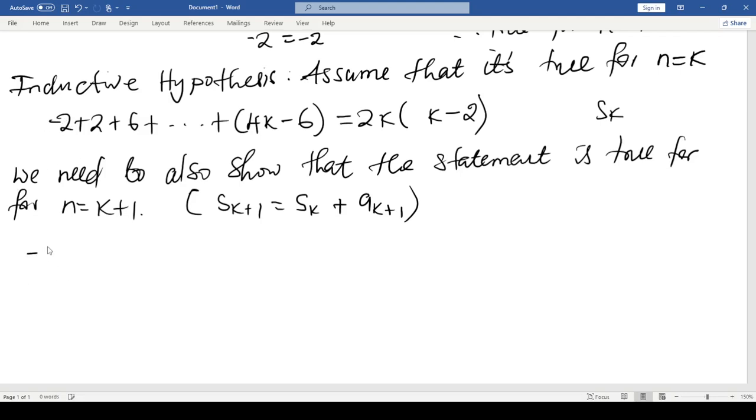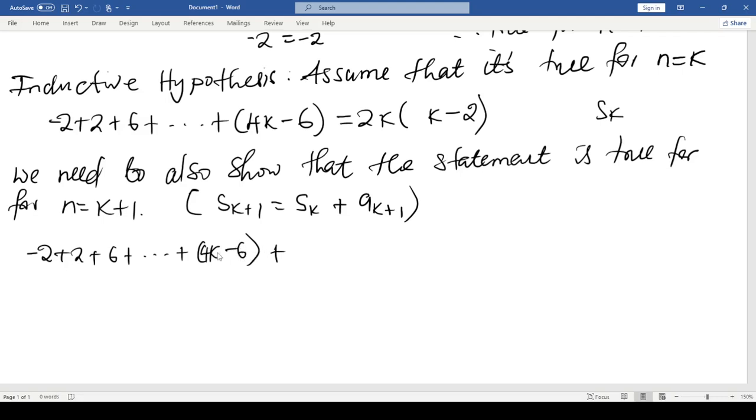So we have our negative 2 here, plus 2, plus 6, plus all the way up to (4k minus 6), plus we add a new term now, so it means that we move a term further.